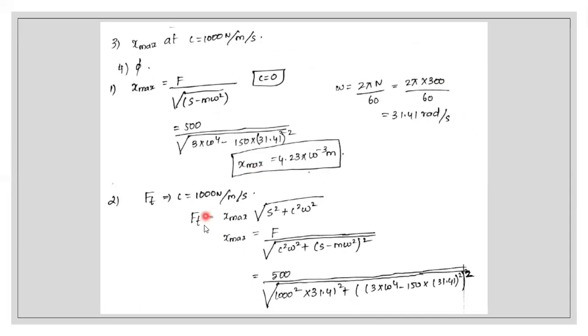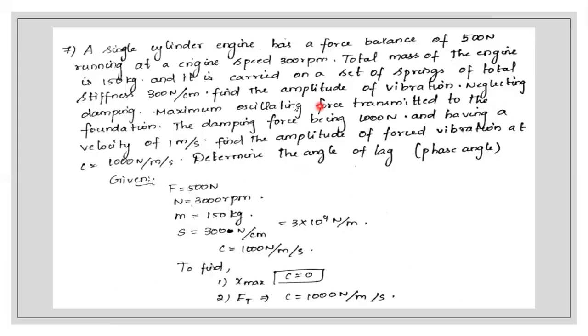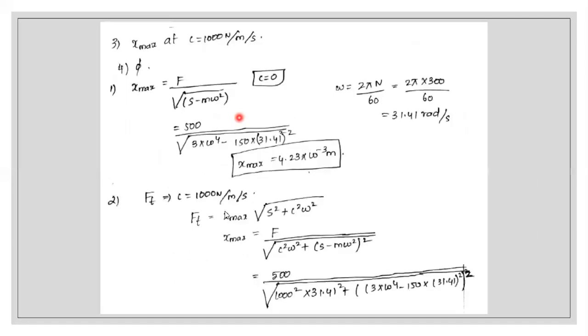Second thing, we need to determine the force transmitted at the foundation in case the damping force is 1000 Newton per unit velocity of 1 meter per second. At that condition we need to determine it. So just substitute into the formula. X max we need to determine, right? Force will be 500.